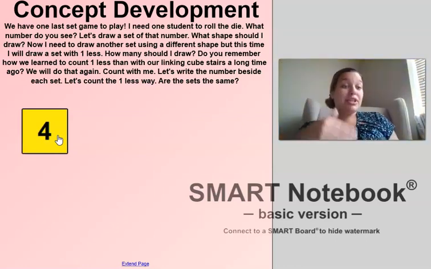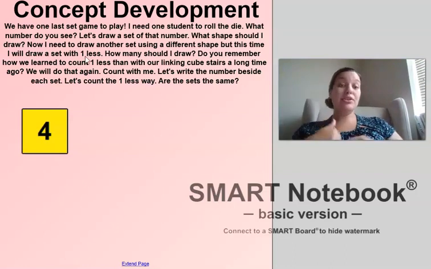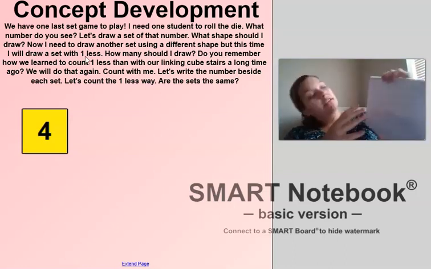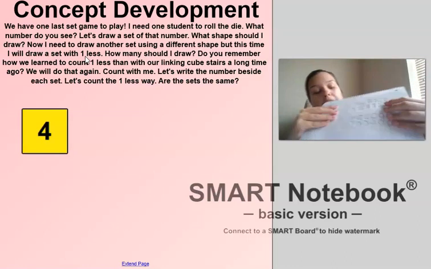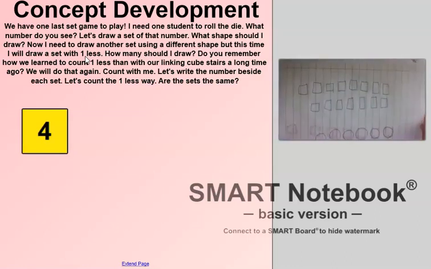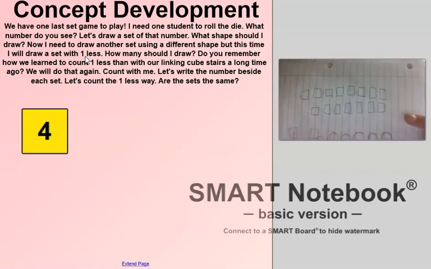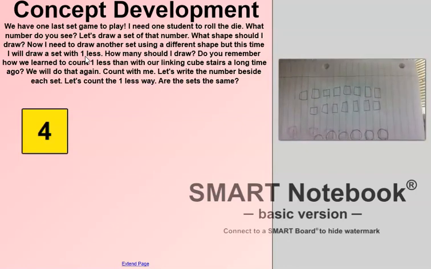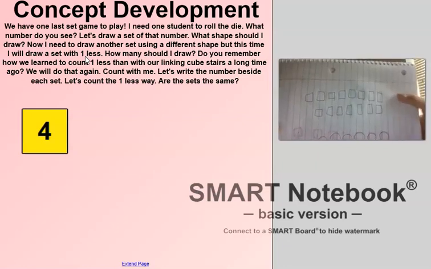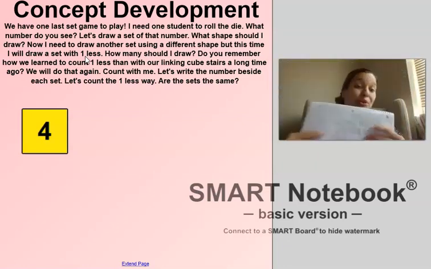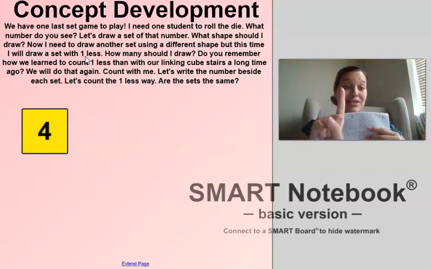No. There is a group that has more, and there's a group that has fewer. So looking at these squares, does my top group have more, or does my bottom group have more? My top group has more because my bottom group has one less, or one fewer.